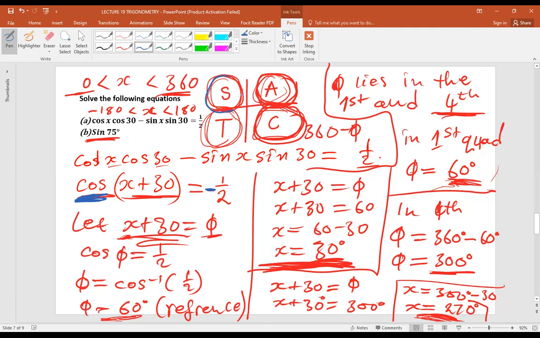In the second quadrant and the third quadrant. So we would have said phi lies in the second and the third quadrant. That's how it is. So you follow the sign, which is this side. You also look at the trig ratio that you've been given.